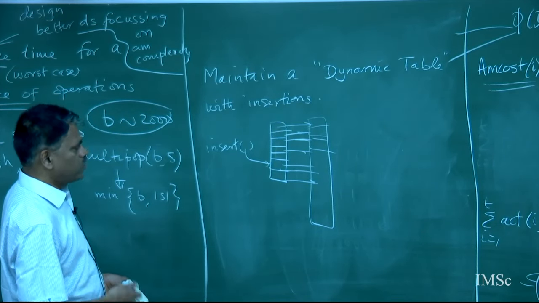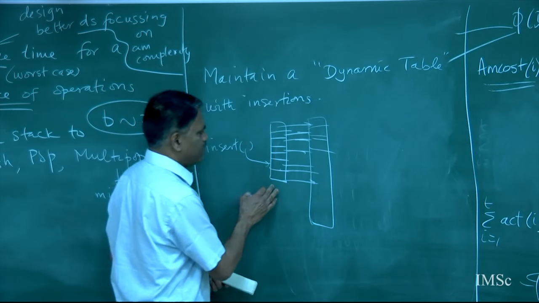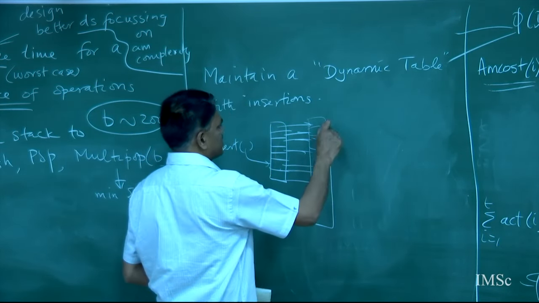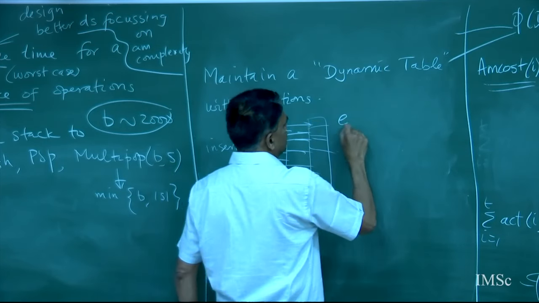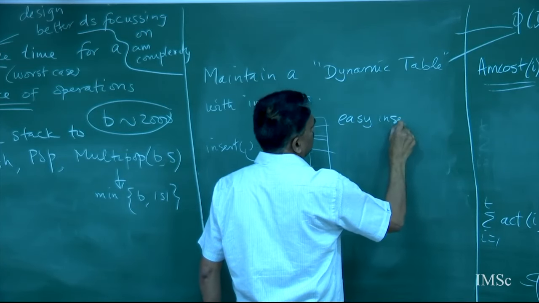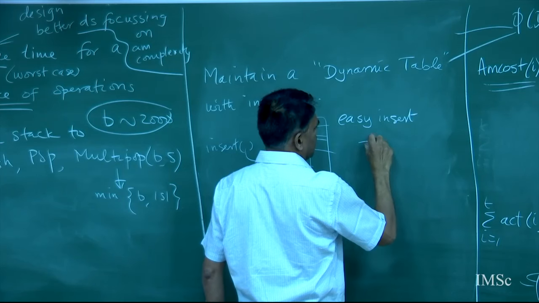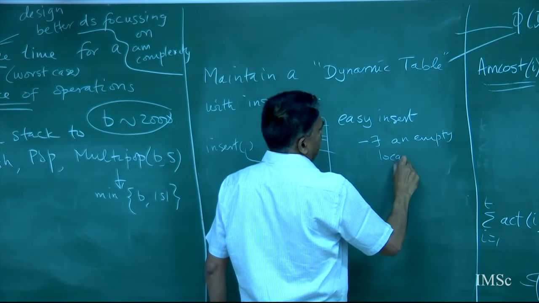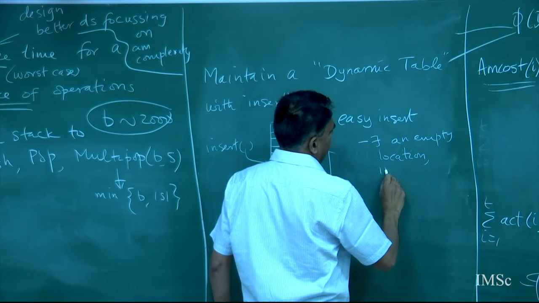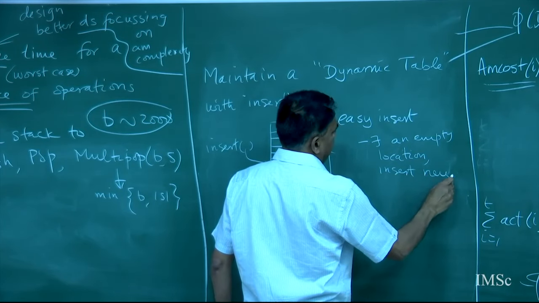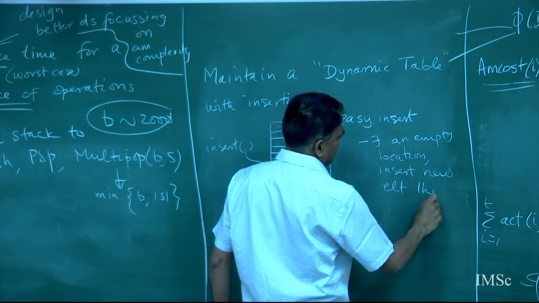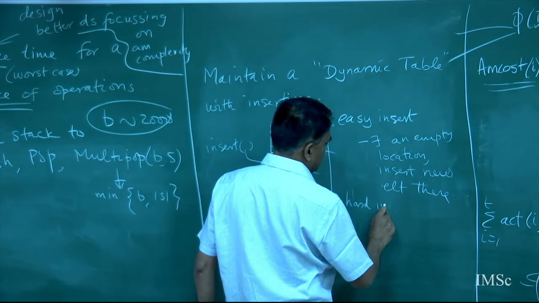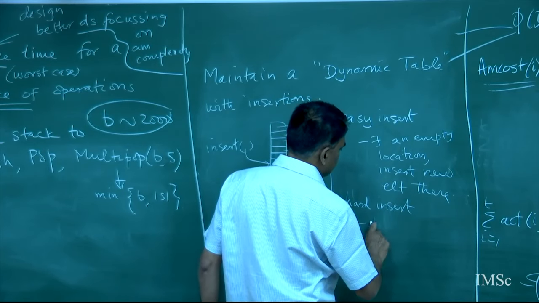Now I don't want to waste too much space, so whenever I am going to ask for an extra table, I will ask for double the size. So, easy insert: there exists an empty location, insert it. And hard insert: this table is full.